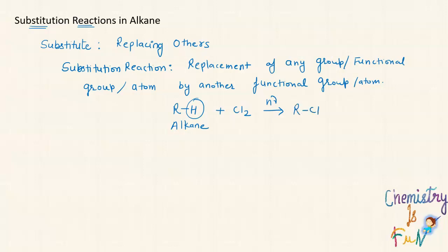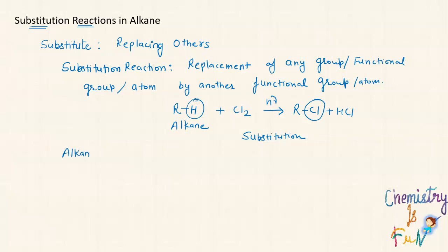H atom is replaced by Cl atom. So here now the place of this H atom is taken by Cl. So this type of reactions are known as substitution reactions. So you have to find out the example, but let me explain you in detail.